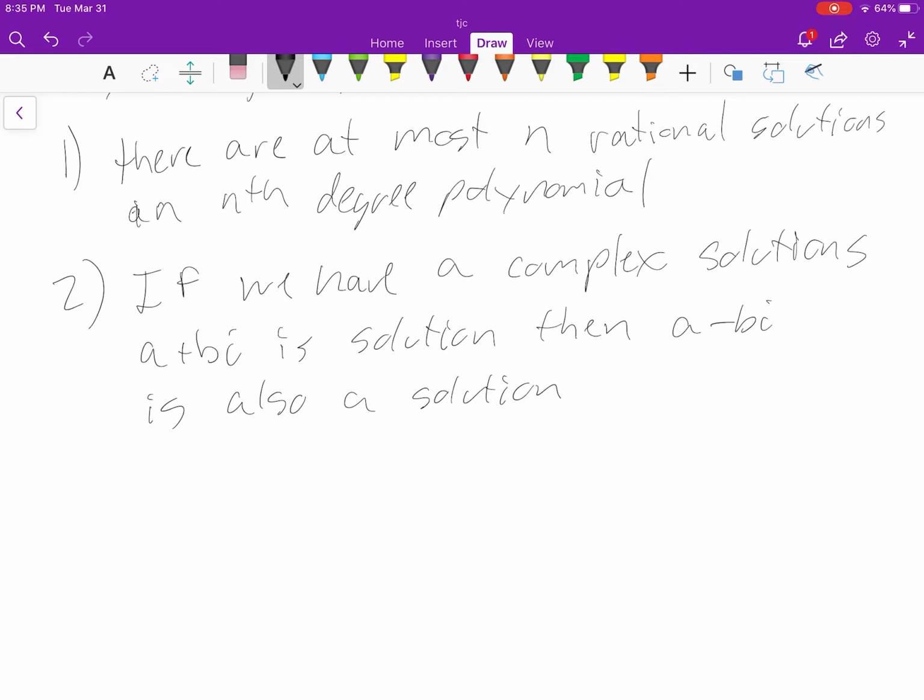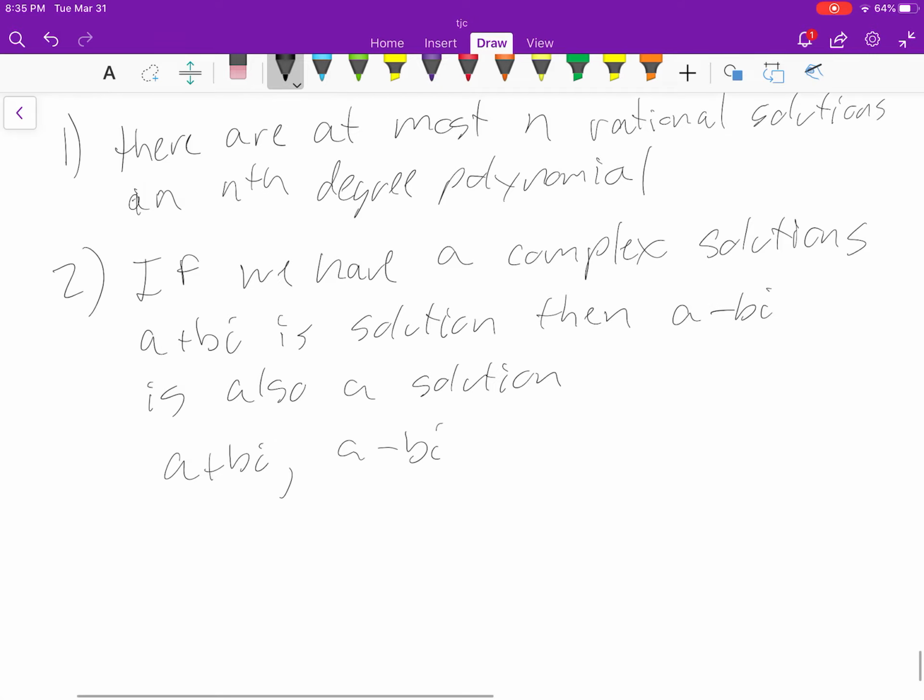And the only way that occurs is if you have complex conjugates, and we talked about this when we talked about complex numbers. a plus bi and a minus bi are complex conjugates, because when you multiply those two together, you get only real solutions. Okay?